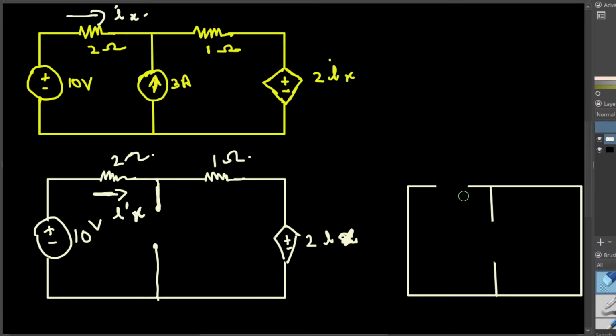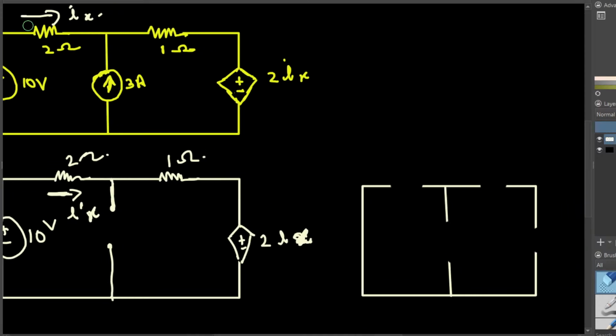And here we will have the resistor, and then the current dependent voltage source. This is a 2 ohm resistance, and this one is a 1 ohm resistance. And then here we have the current dependent voltage source, that is 2ix. And we will have this current source also, that's 3 ampere going up.